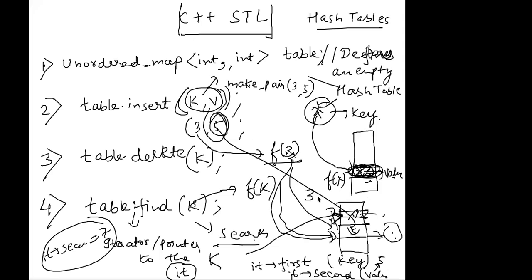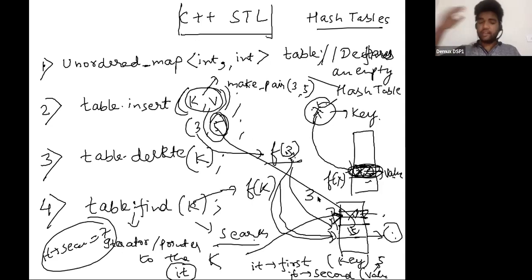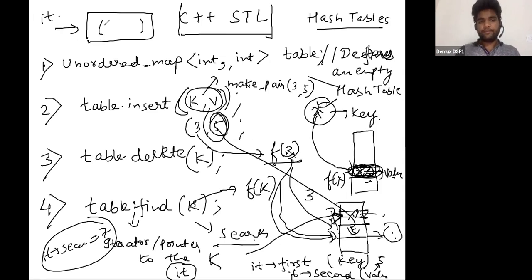Sir, if we need to access the key or the element value without using an iterator, then we will use the dot operator, right? Star IT dot. Because this is a pointer, you want to dereference it and then do a dot. IT points to an object which contains a pair, key comma value.